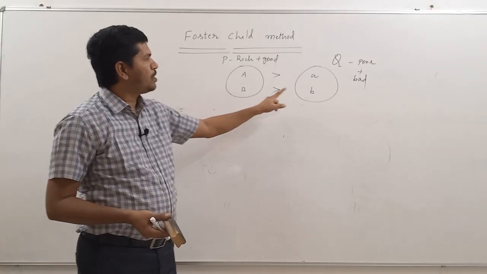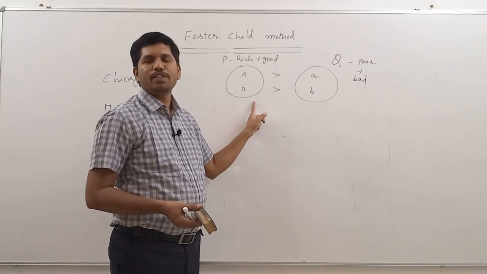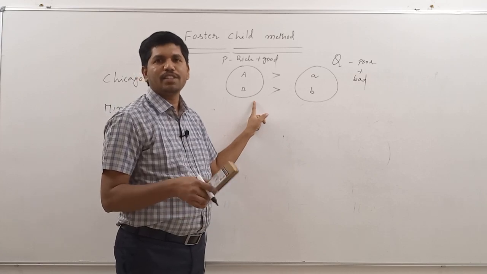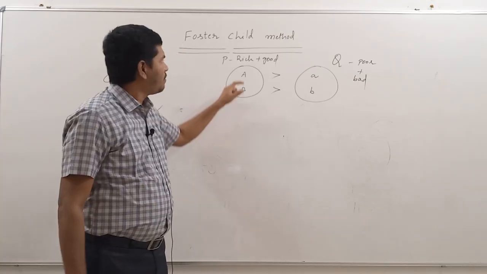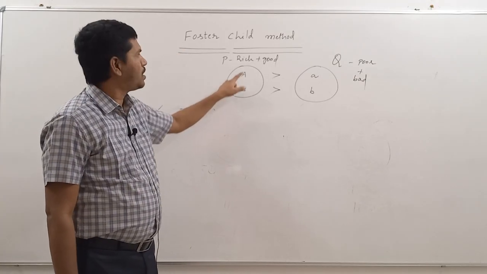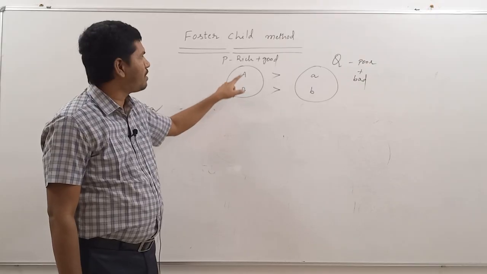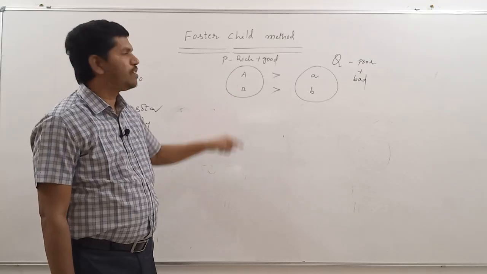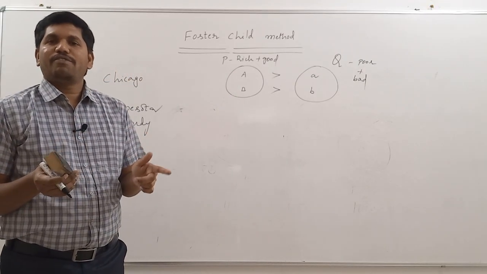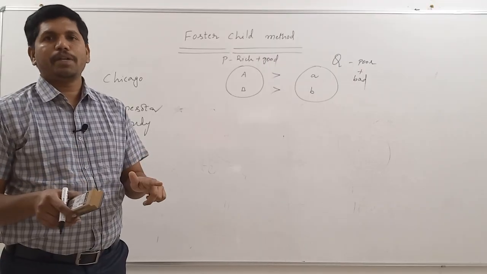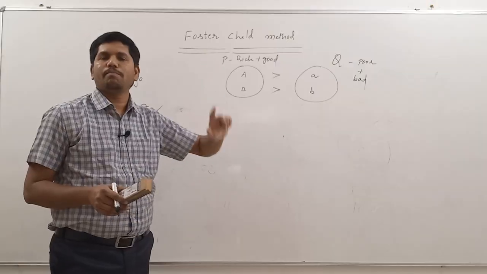With respect to these two children, the genetic component is the same. That's why whatever variations are observed, those variations must be because of environment. With respect to these two children, the environment component is the same. Whatever variations there are must be because of the genetic component. Like this, the respective influence of heredity and environment are separated by using this foster child method.